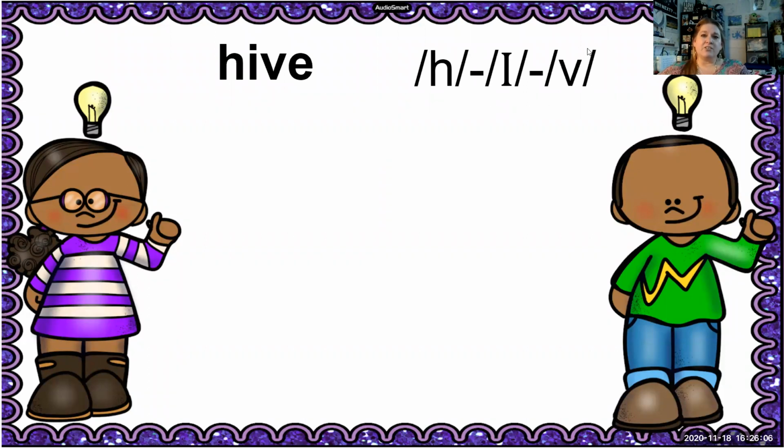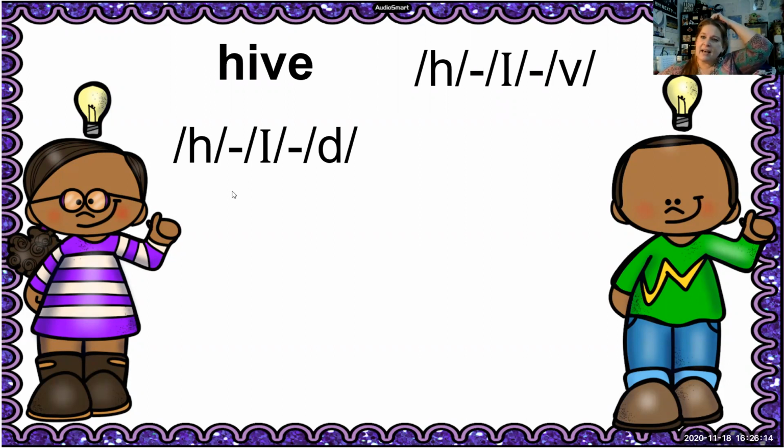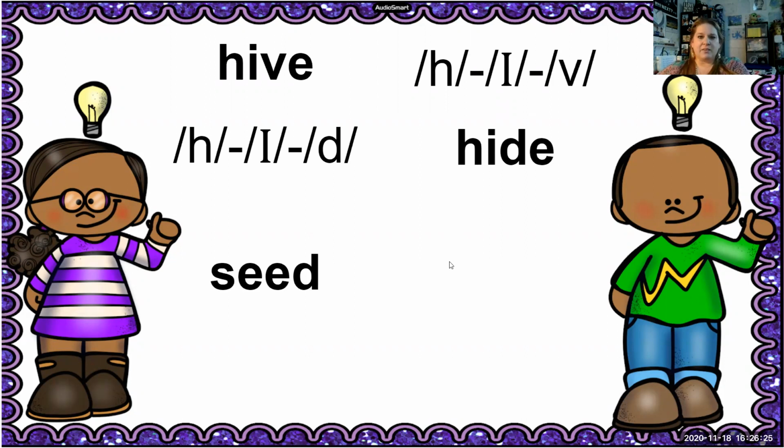All right, so we're going to change the third sound this time to d, d, I'd. What's our new word? It is hide. Good.